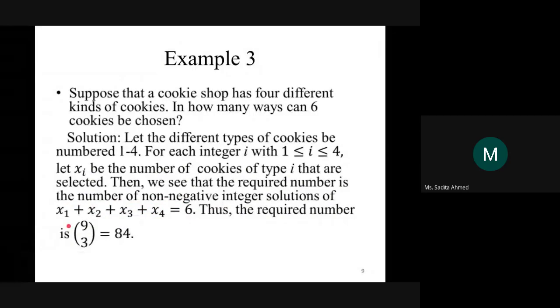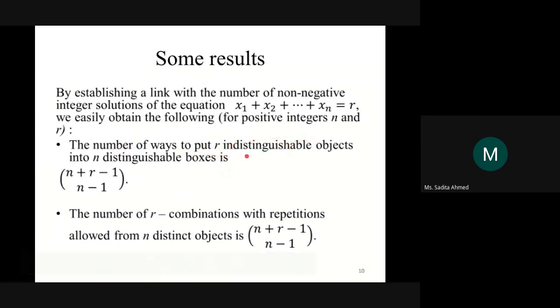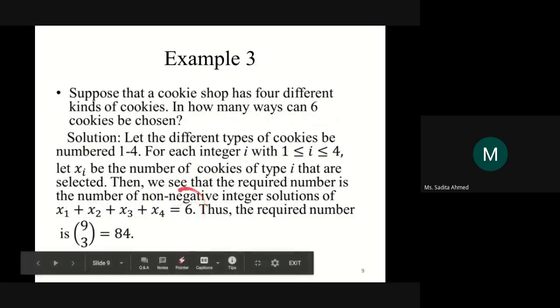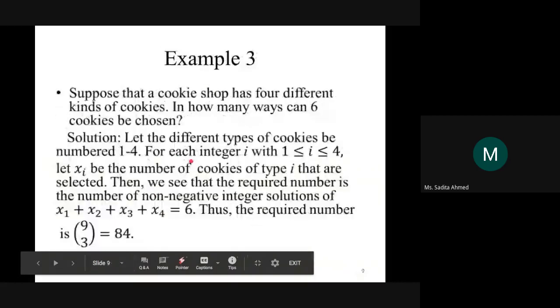So basically this is the same as counting the number of ways to put r indistinguishable objects, where r is equal to 6, into n distinguishable boxes, here 4 distinguishable boxes. Distributing 6 indistinguishable cookies into 4 distinguishable boxes, where each box represents a type of cookie.